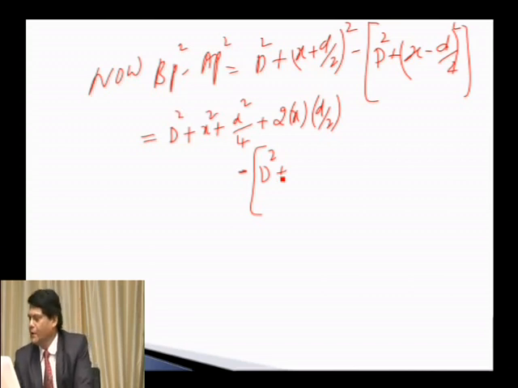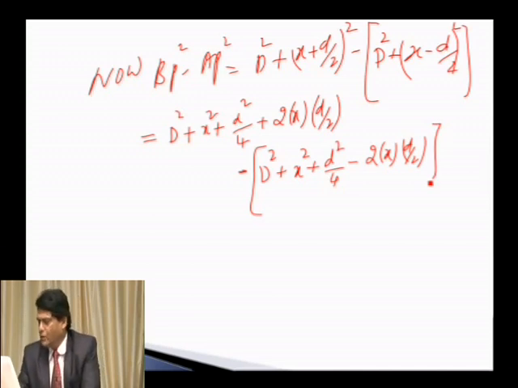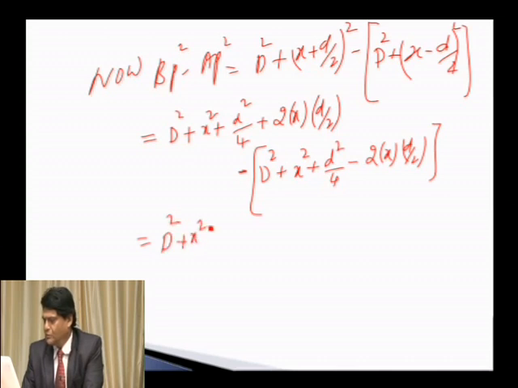So expanding, that is X square plus D square by 4 minus 2X into D divided by 2. Now, the next step is to remove this square bracket by multiplying the minus throughout. By doing so, what do we get? This is equal to D square as it is, X square as it is, plus D square by 4 as it is.